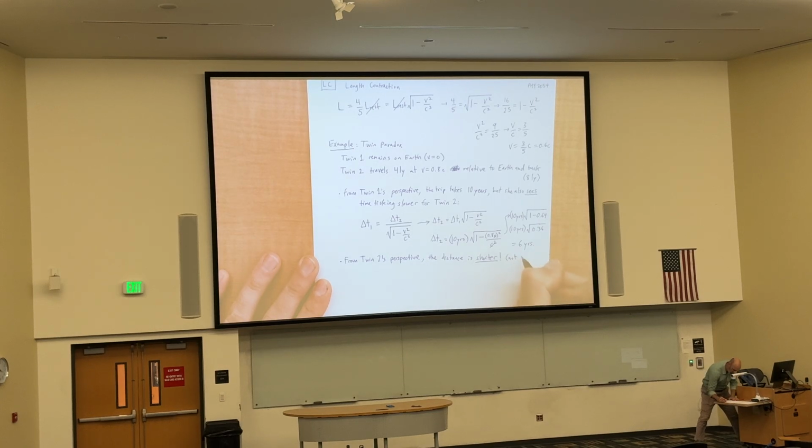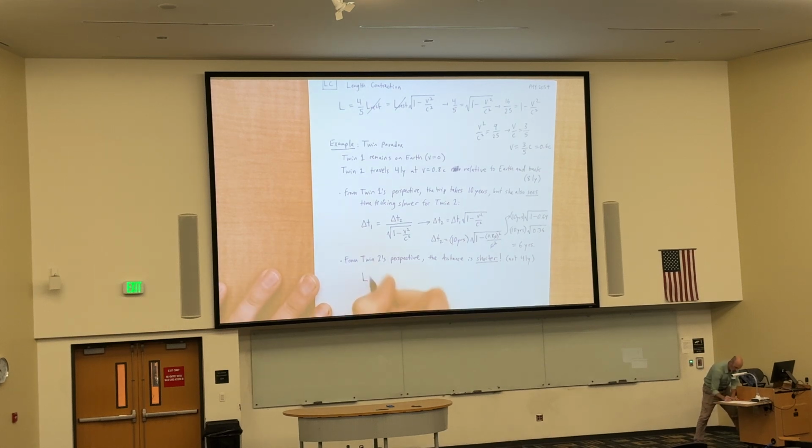So in other words, not 4 light years for her. So let's figure out that length. Well, length is L rest times the square root of 1 minus v squared over c squared. And the rest length is 4 light years, right? That's in the reference frame of twin 1.